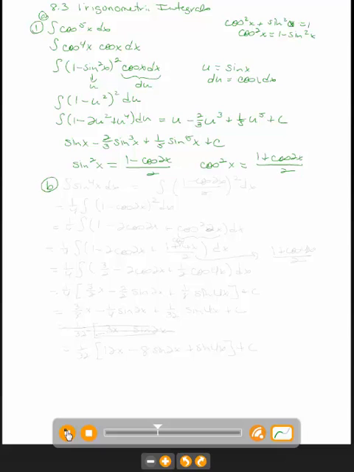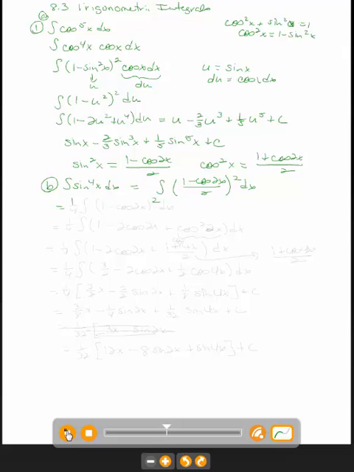So for part B, the question was, integrate the sine to the fourth of x dx. So we take it and make it a sine squared, squared. So it turns into 1 minus cosine of 2x over 2, quantity squared, dx. I'm supposed to square that out, so I'm going to make two steps out of this.